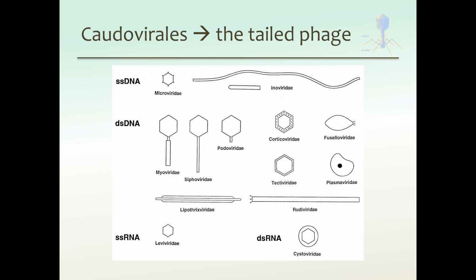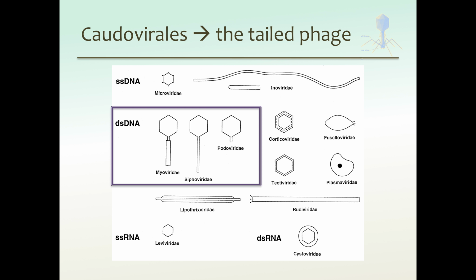Caudovirales includes the tailed phage, and we've talked about these for the last few months: the Myoviridae, the Siphoviridae, and the Podoviridae. Mostly we've been talking about Siphoviridae, mainly because the majority of tailed phage, about 96% of them, are Siphoviridae.